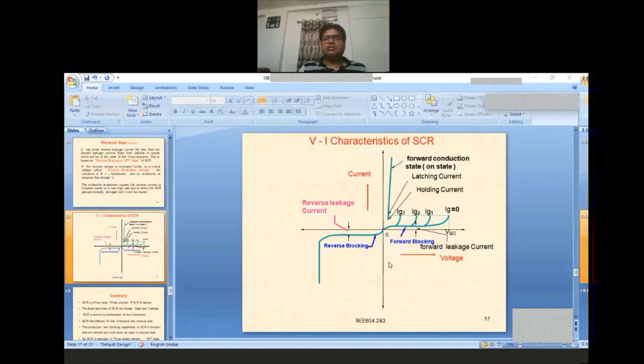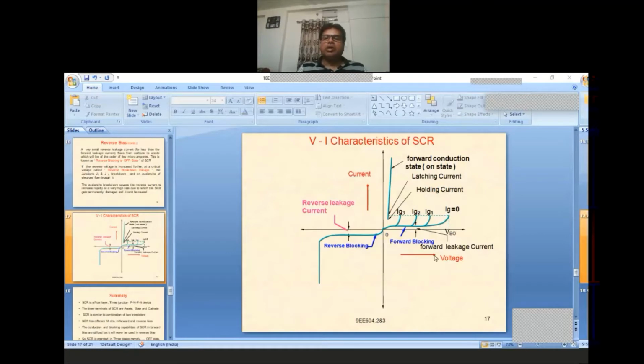And the theory behind how the voltage and currents are increased, that we have already discussed. Now we will draw our focus onto the breakover voltages, conduction mode, blocking state, and how they will vary. So far we have discussed that no gate pulse is given.